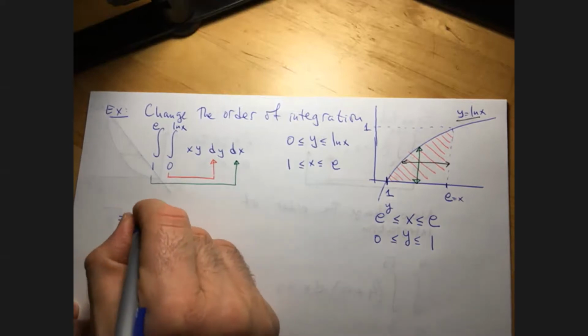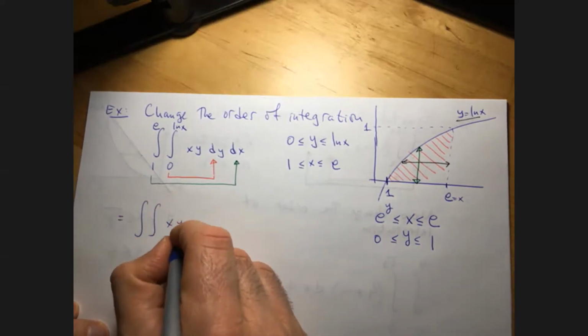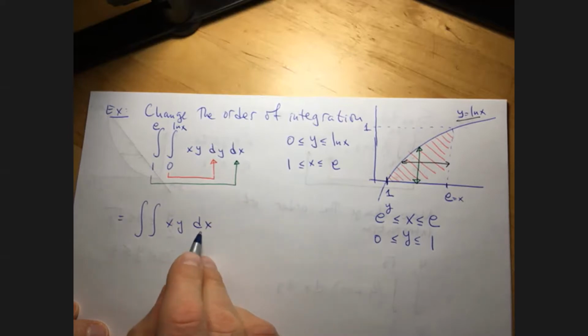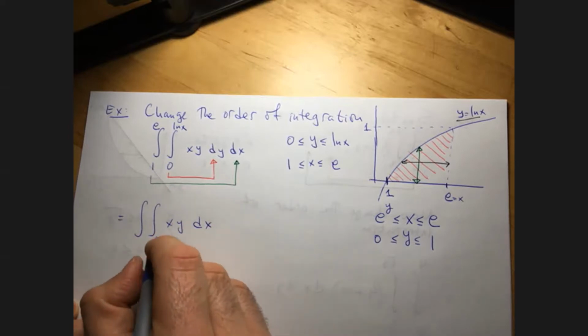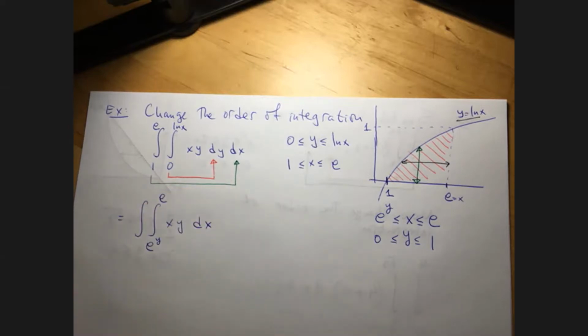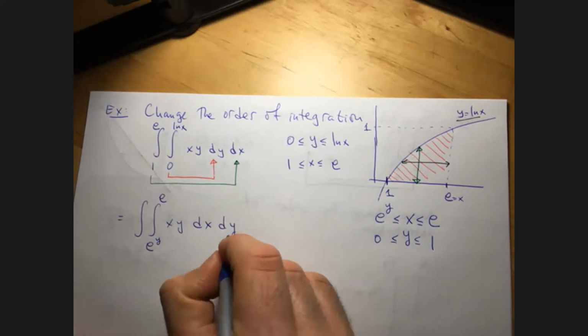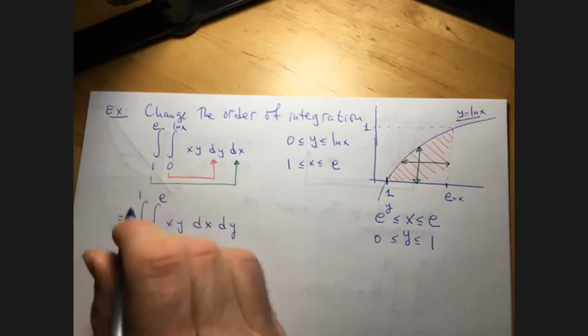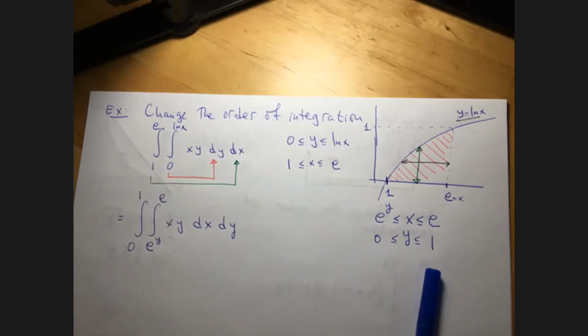So this can be written as the double integral of xy. First integrate with respect to x, that means from e to the power y to e, and then with respect to y from 0 to 1. Any questions?